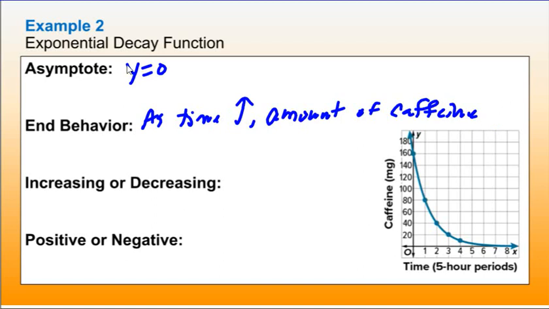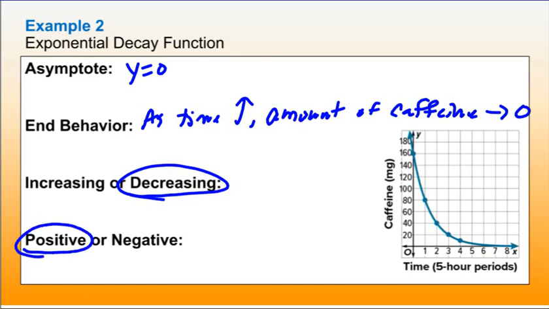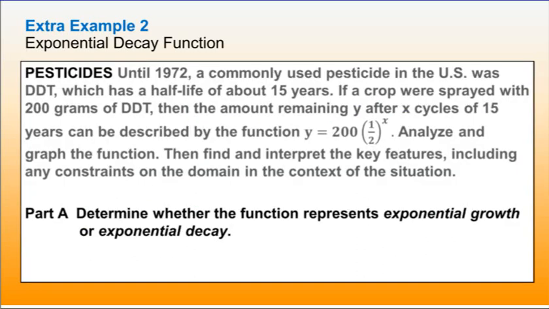It actually approaches 0. Then increasing or decreasing, this is always decreasing, it's going down. And then it's always going to be positive, above the x-axis. But for the decreasing part, it's only decreasing until it hits 0, or gets close to 0.